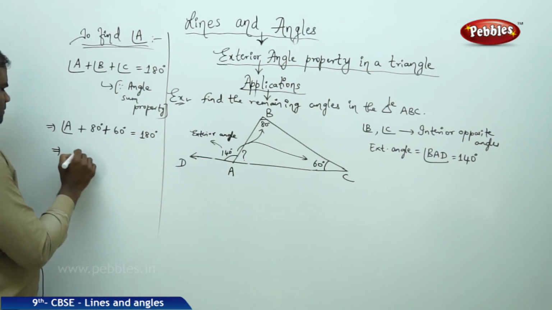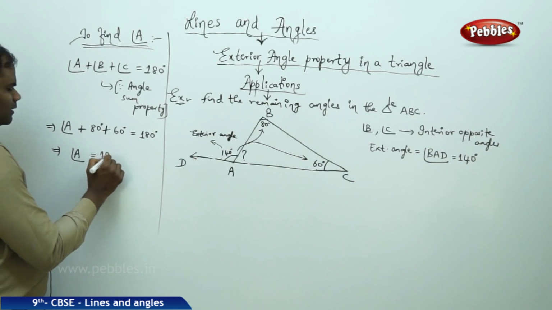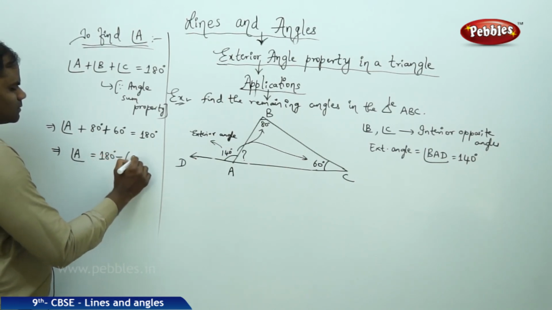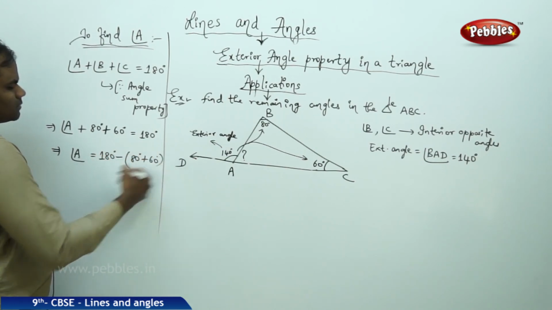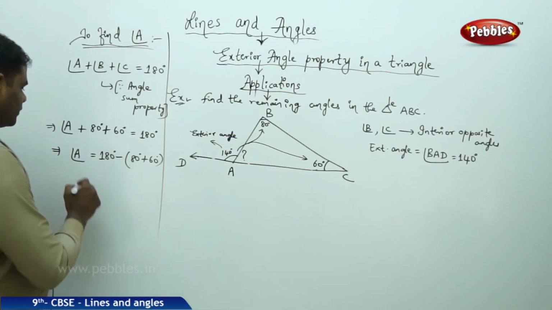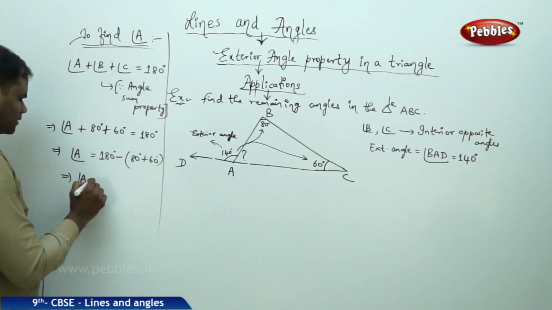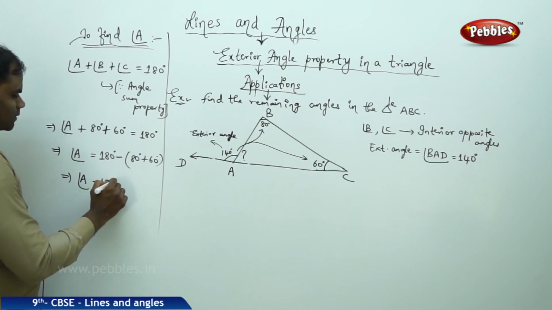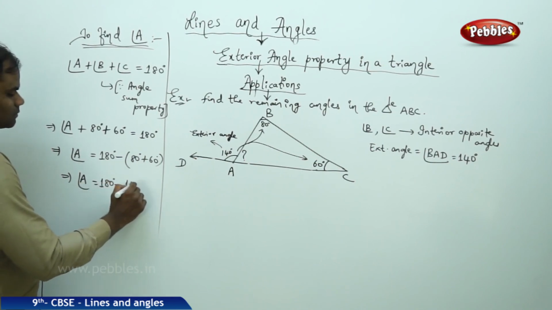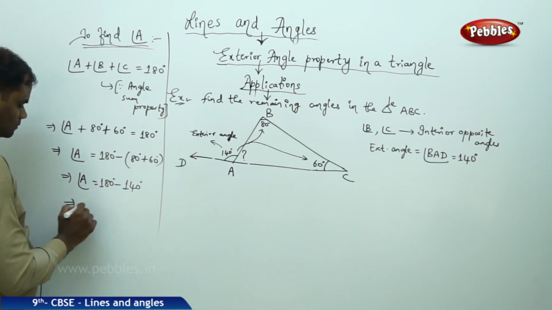That implies angle A is 180 minus the sum 80 plus 60, which on further simplification gives 180 minus 140.